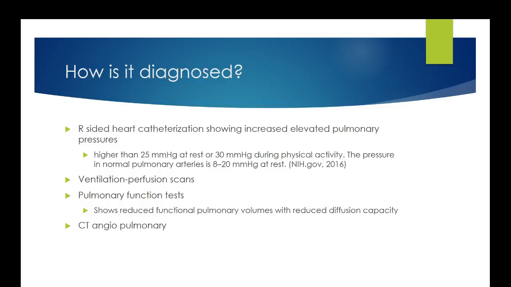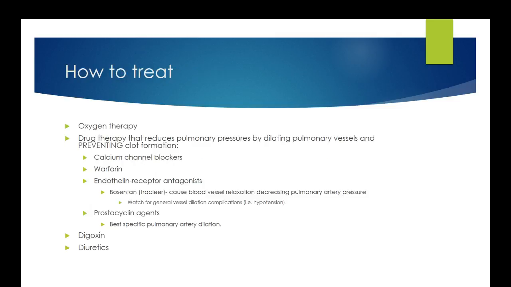We could also do ventilation perfusion scans, pulmonary function tests, and CT angiopulmonary tests. So how do we treat it? Well, think about it. Top of the food chain is always going to be airway. So when we're thinking about NANDAs and how to label this, we're probably already thinking impaired gas exchange, right?